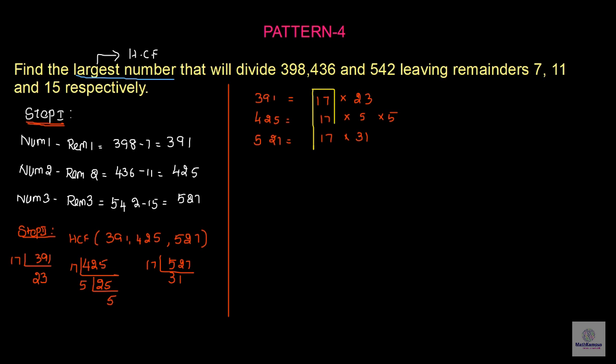So, highest common factor is 17. Therefore, the required number is 17. So, in the problem, largest number which divides 398, 436 and 542.